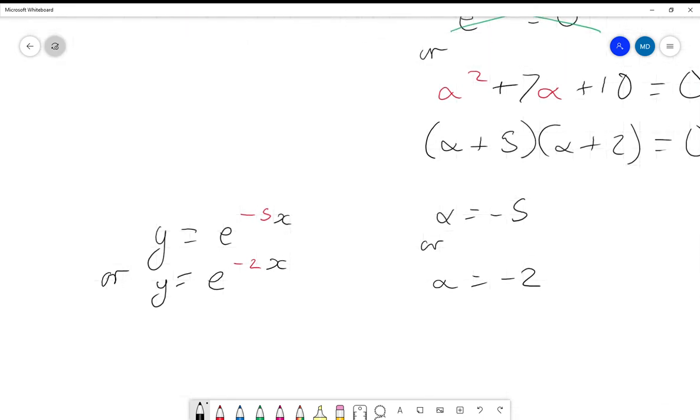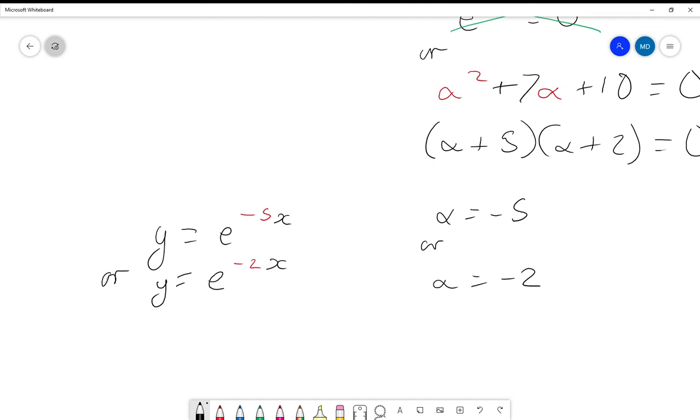Except not quite. Because the key thing here is, as I said before, differentiation is linear. So if I were to take any multiple of e to the minus 5x, or any multiple of e to the minus 2x, that would still work. And in fact, if I were to add them together, when we differentiate, you just differentiate each bit individually. So if I were to add them together, I would also have a solution.